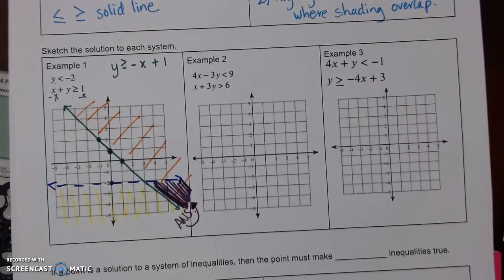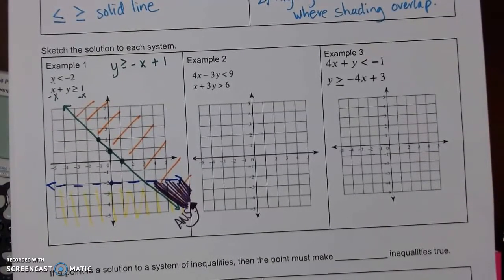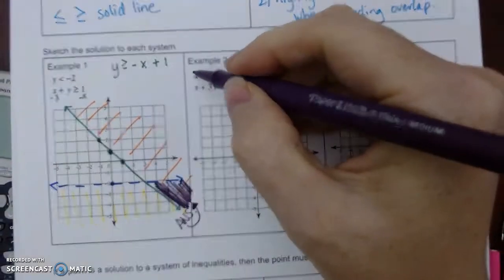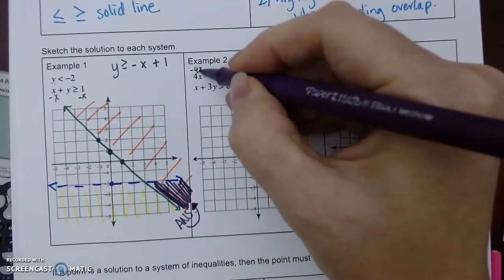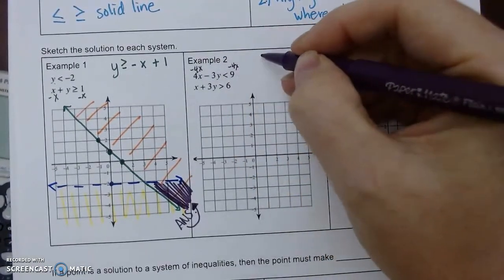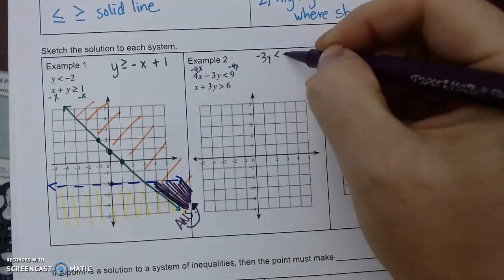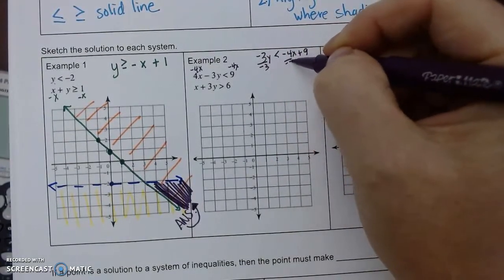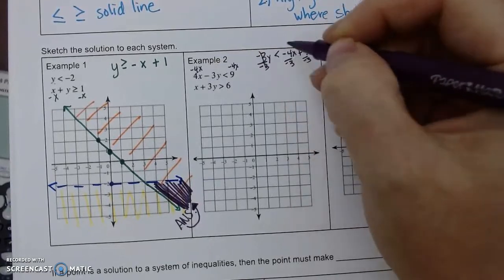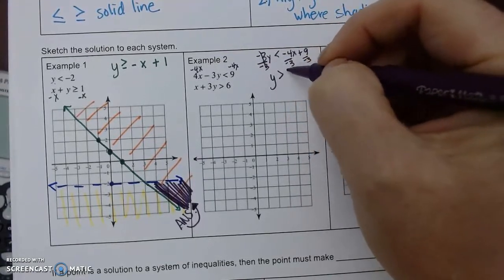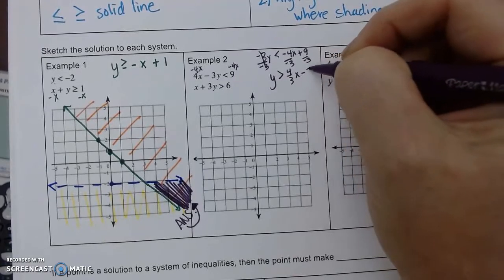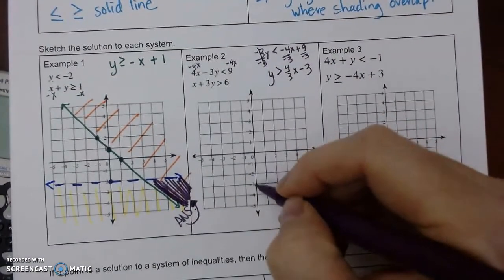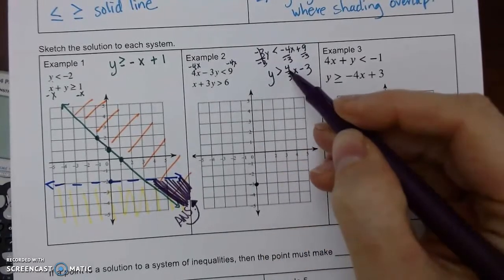All right, let's try another one. Both of these equations we need to solve for y. We're going to subtract 4x. So -3y is less than -4x plus 9, and divide by -3. Remember, when you divide by -3, you need to reverse your symbol. So we're going to go down 3, and then our slope is 4/3.